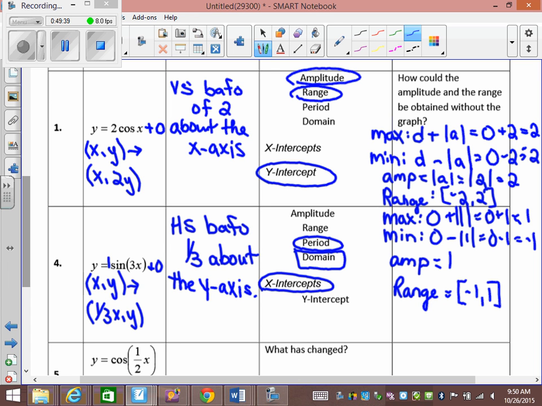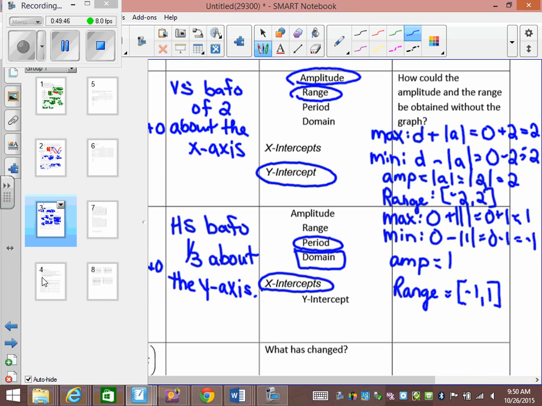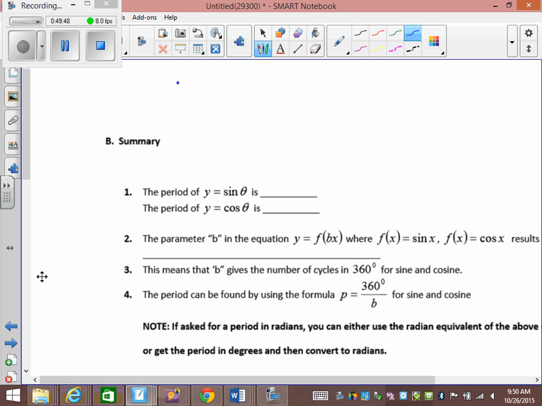All right, so flip to the summary part. The period of y equals sine theta is... What's the period of just the y equals sine theta graph? 2 pi.